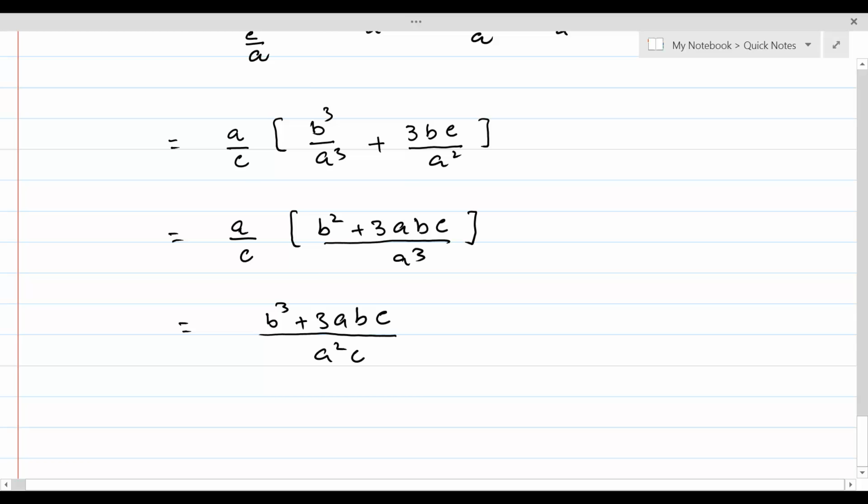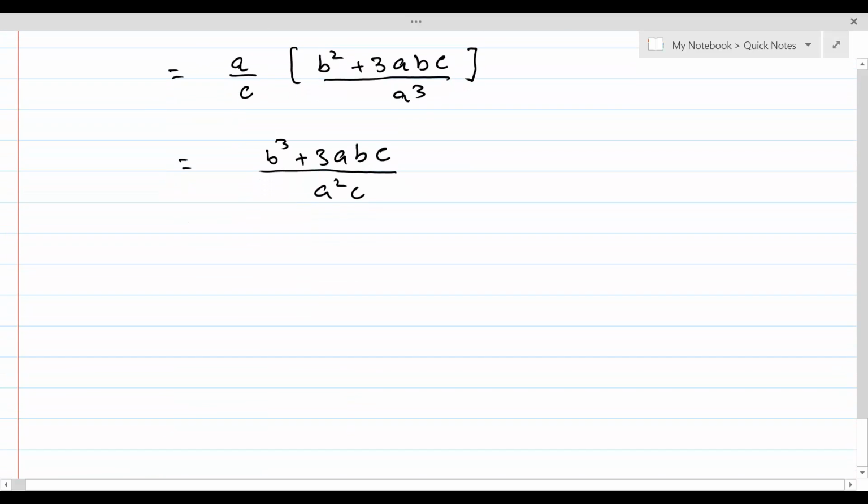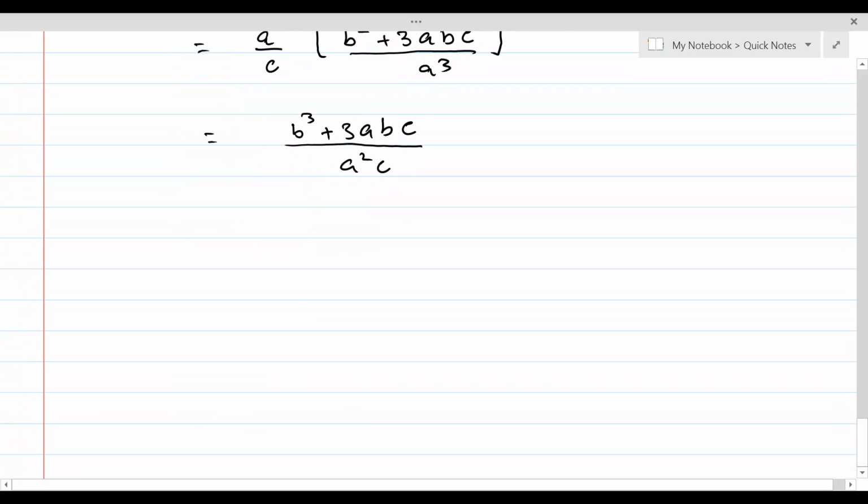So there is a third component to this, that now we are going to write alpha minus beta whole square. So for the third part, alpha minus beta whole square also can be written in terms of alpha plus beta and alpha into beta like this: equal to alpha plus beta whole square minus 4 alpha beta.